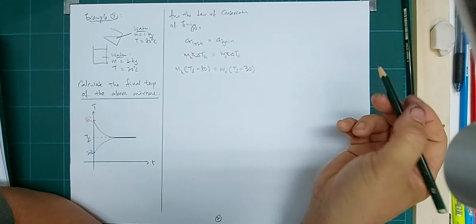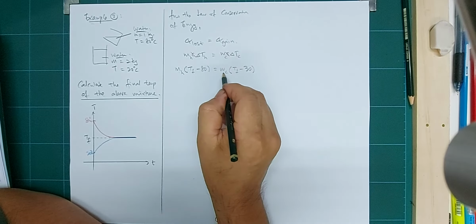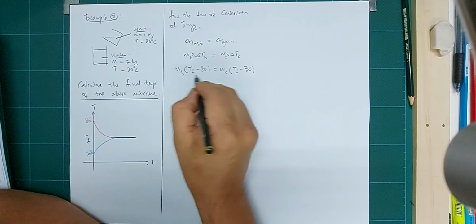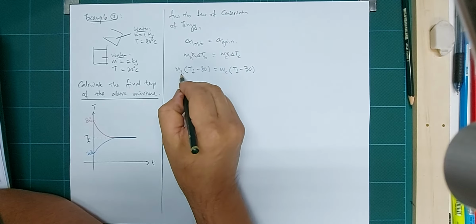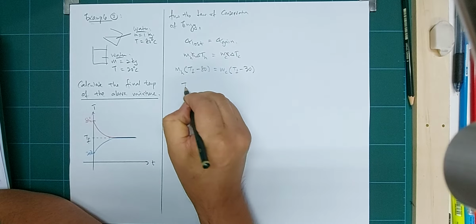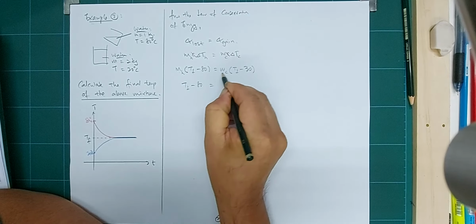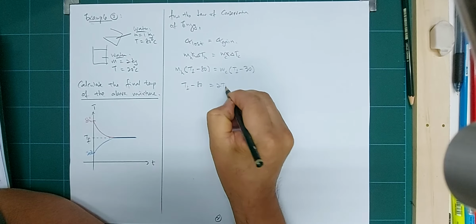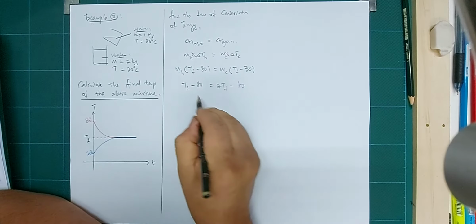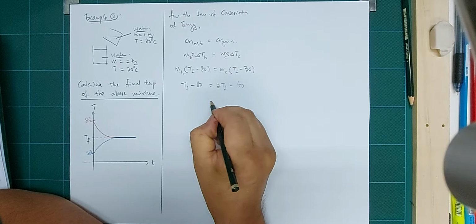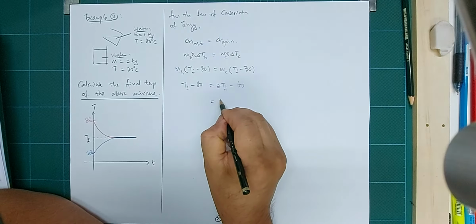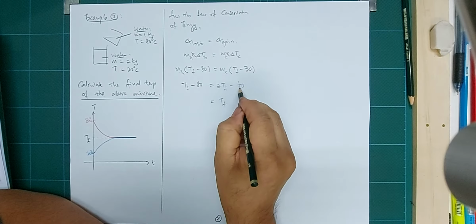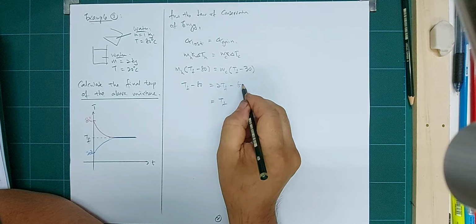These are all values that you know except TF. Now we put in the values: 1 kilogram, so TF minus 80, and the colder water is 2 kilograms, so 2 TF minus 60.